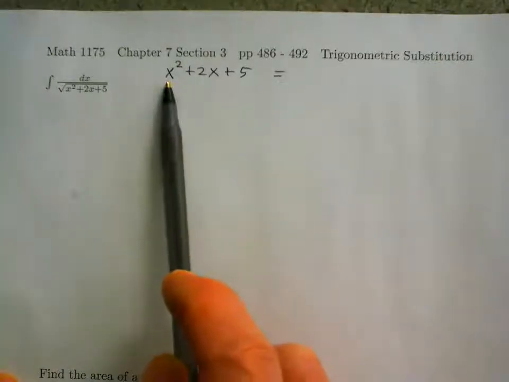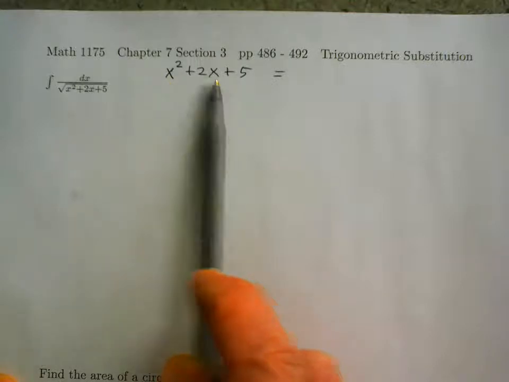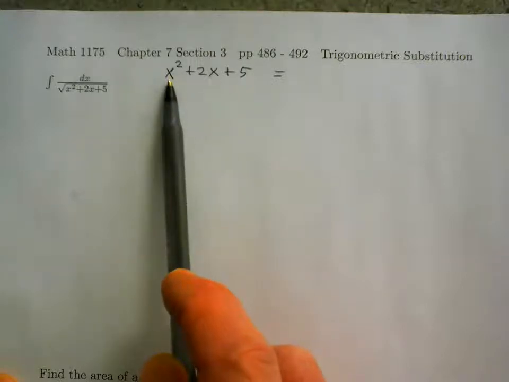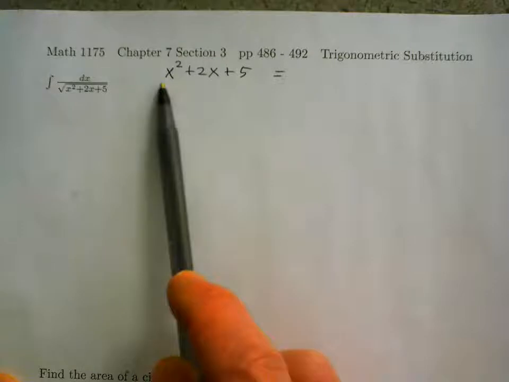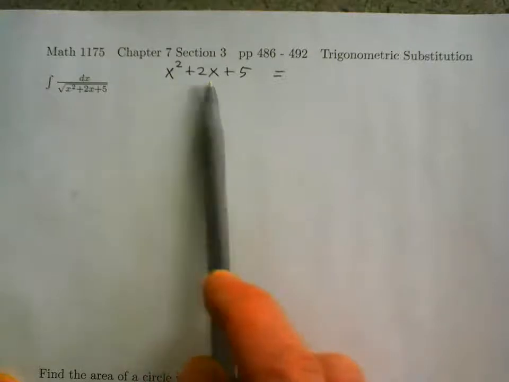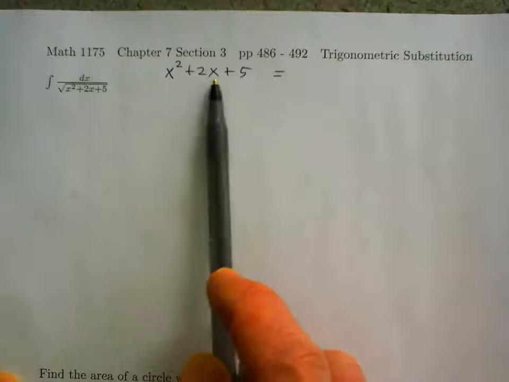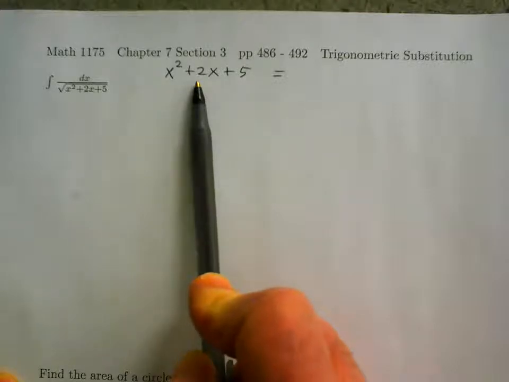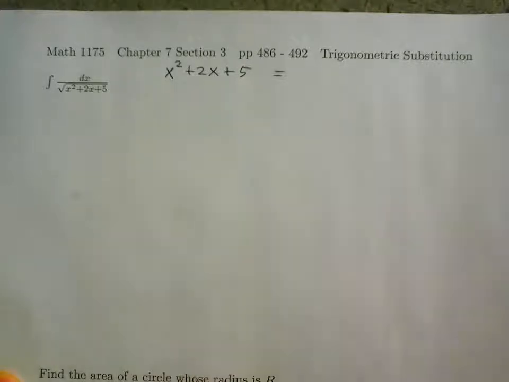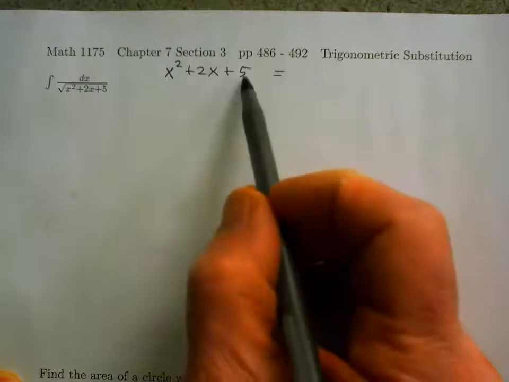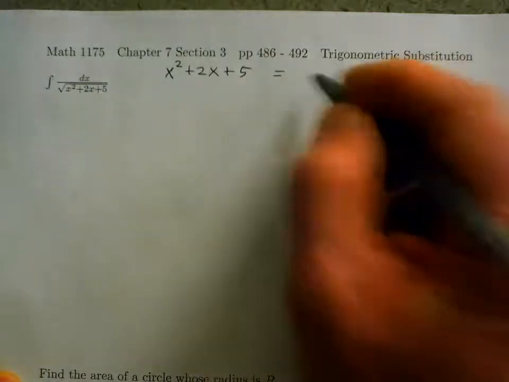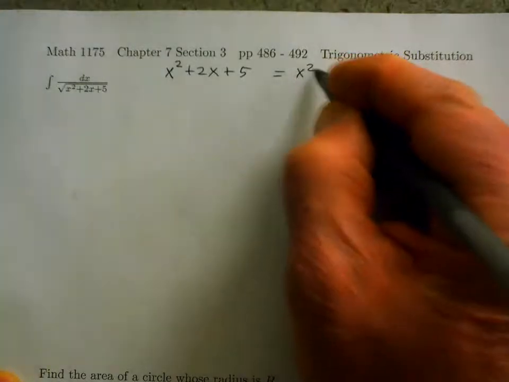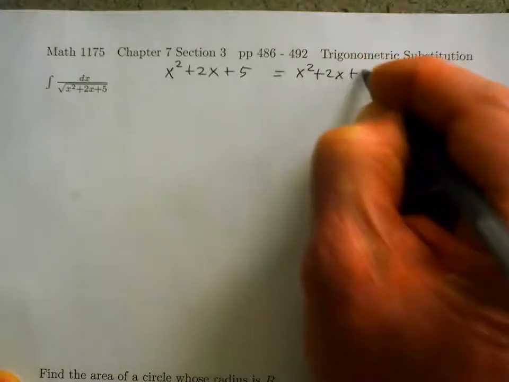So if we focus on x squared plus 2x, when the coefficient of x squared is 1, to get a perfect square trinomial from x squared plus 2x, we take half of the coefficient of x and square it. So half of 2 is 1, 1 squared is 1. So we're going to borrow a 1 from the 5 and write this as x squared plus 2x plus 1 plus 4.